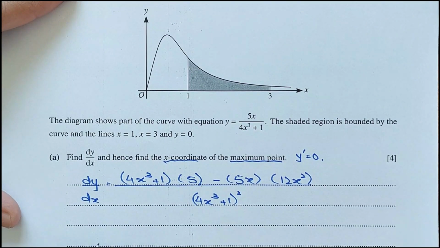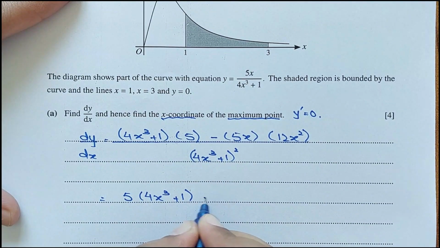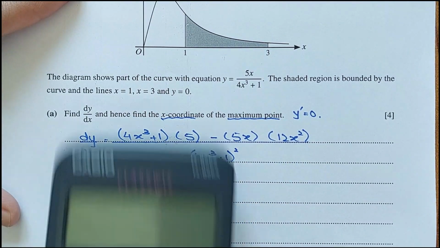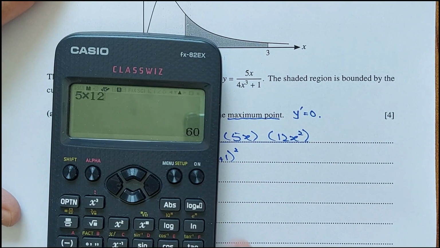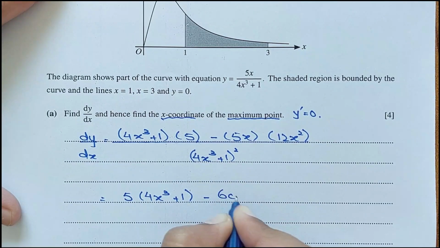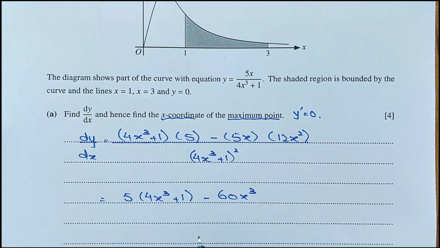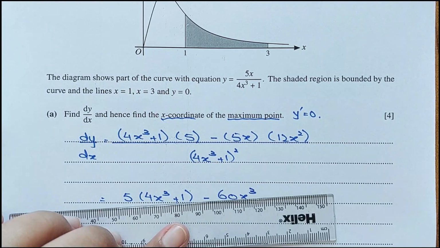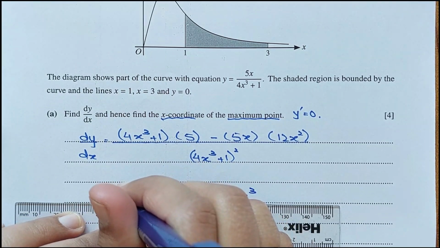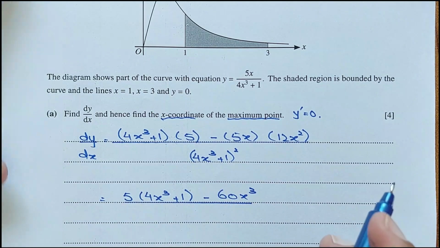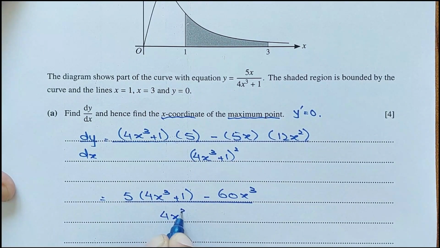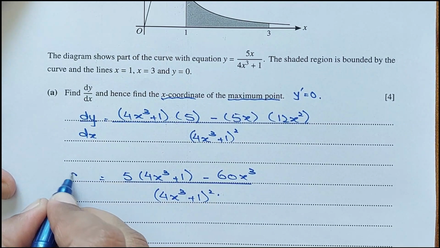Okay, now the next is you can say 5 into 4x cube plus 1 and minus 5 times 12, 60 x cube, divided by 4x cube plus 1 whole square, right? This is dy by dx.